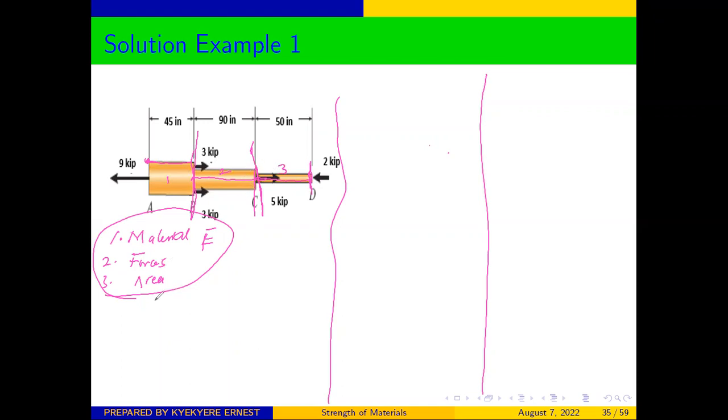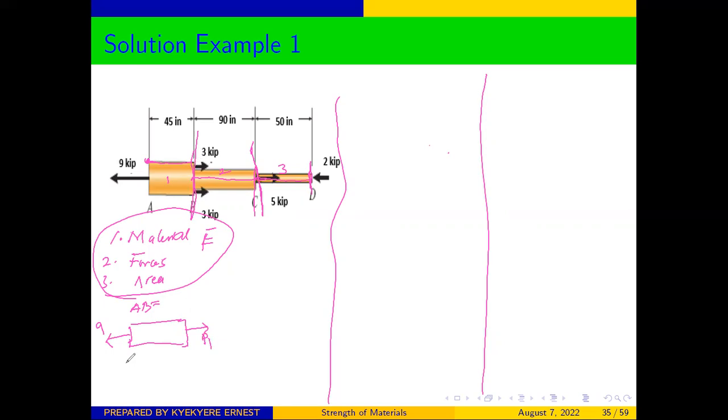Once you have been able to do that, you draw a free body diagram for each of the sections to determine the internal forces within them. So let's take A to B. From A to B, our structure is a rod with 9 going in this direction, and the internal force in AB we can call T1.